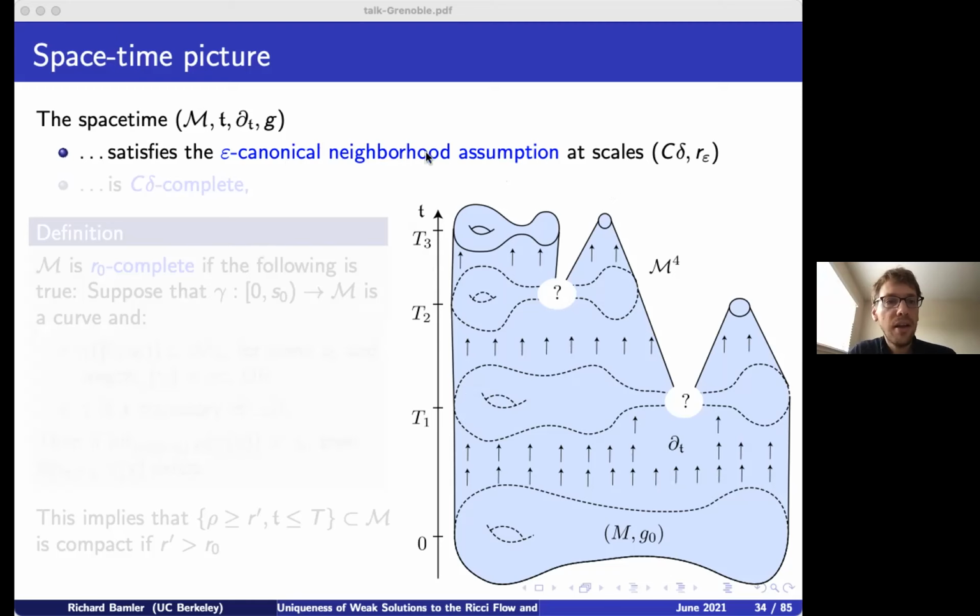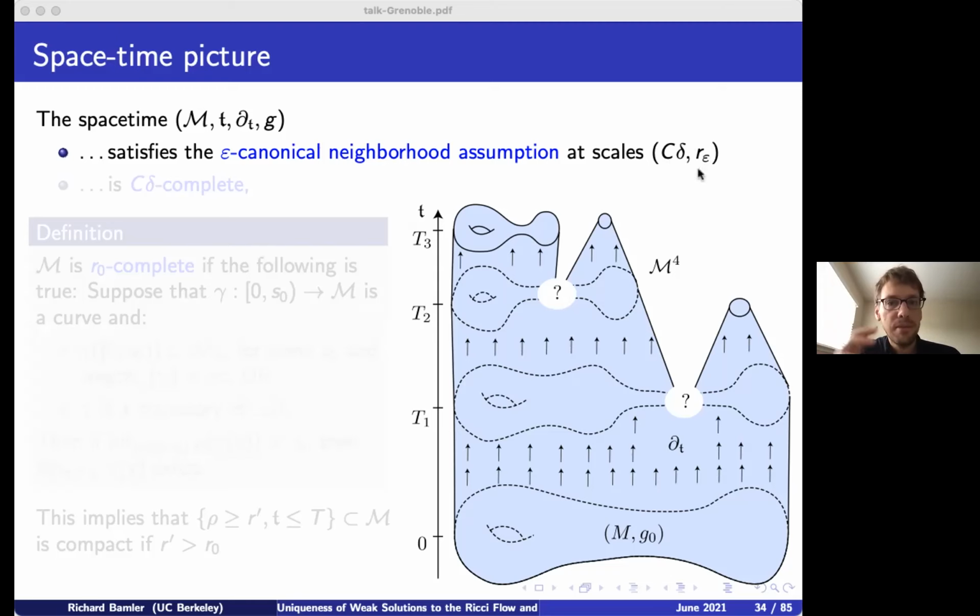And recall that the condition of epsilon canonical neighborhood assumption just concerns time slices. It satisfies the epsilon canonical neighborhood assumption at scales between some constant c delta and some r, which may depend on epsilon. So as long as the scale is small enough, i.e. the curvature is large enough, and as long as we're sufficiently above the surgery scale. This is normal for the canonical neighborhood assumption.